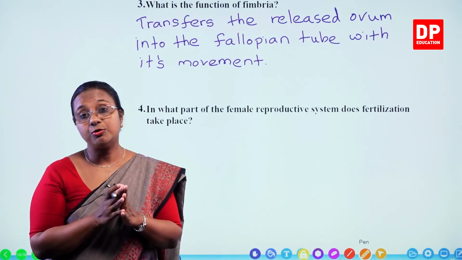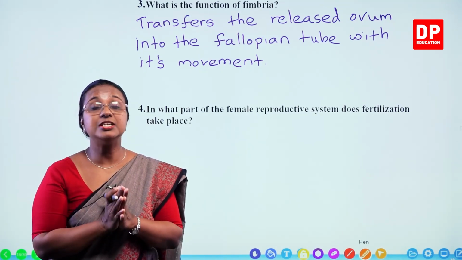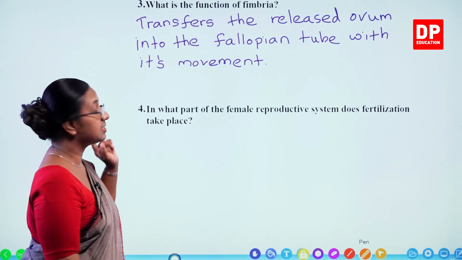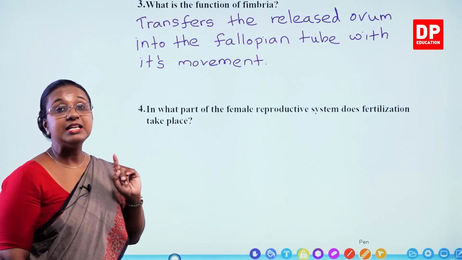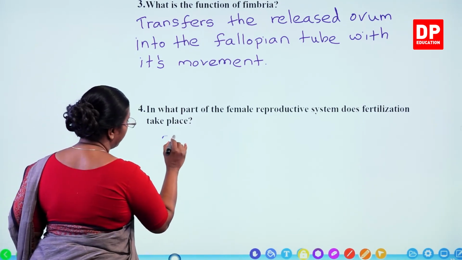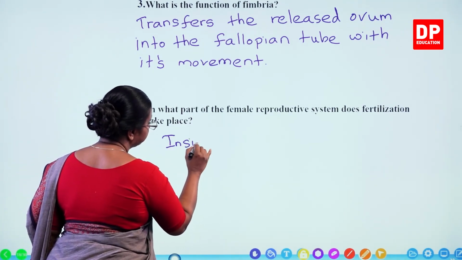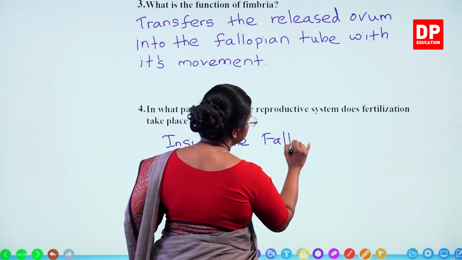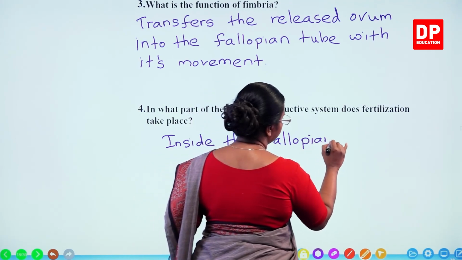So within the fallopian tube only the fertilization takes place. So in what part of the female reproductive system does fertilization take place? Inside the fallopian tube.